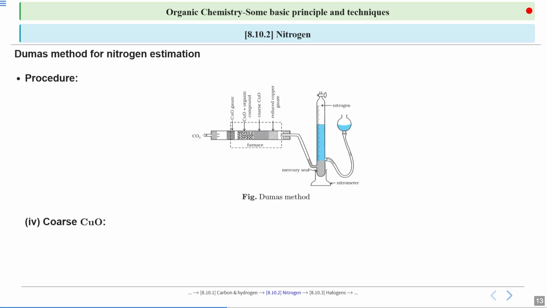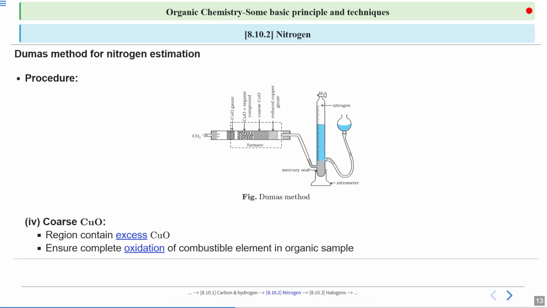Okay, so we have a third layer of copper oxide, which is coarse. Thus, this region contains an excess of copper(II) oxide. Now, having more than enough copper oxide ensures that all the combustible elements in the organic sample can react completely. So this is important because incomplete oxidation would lead to inaccurate nitrogen results.